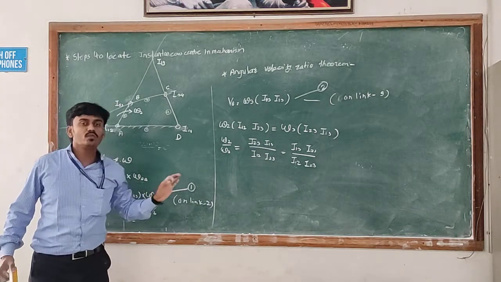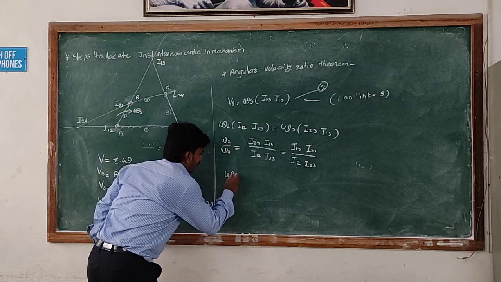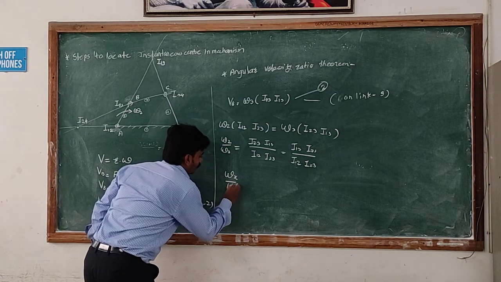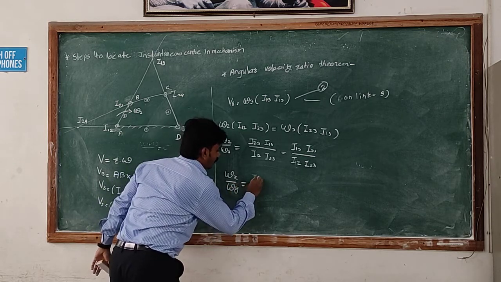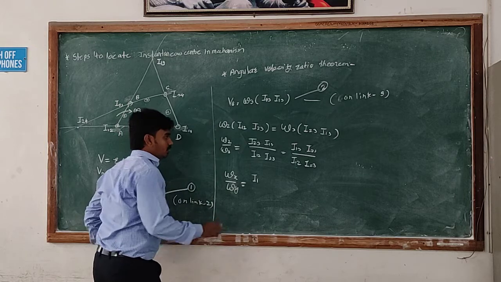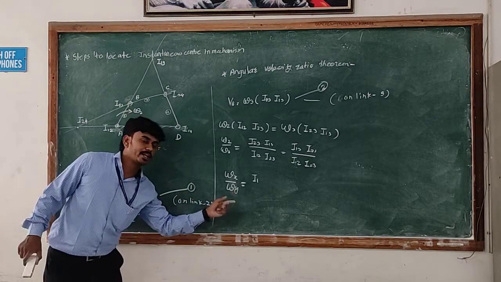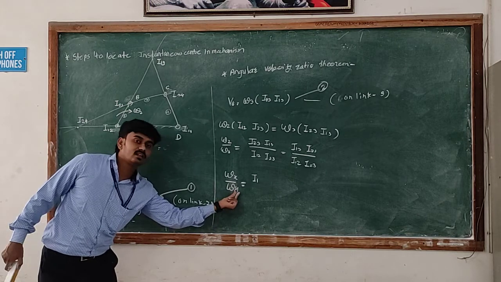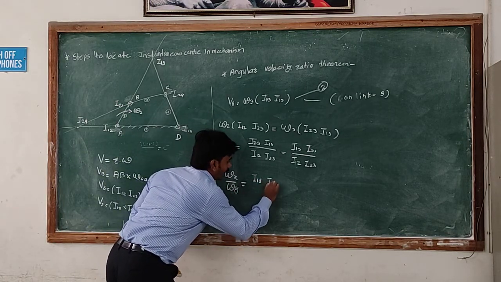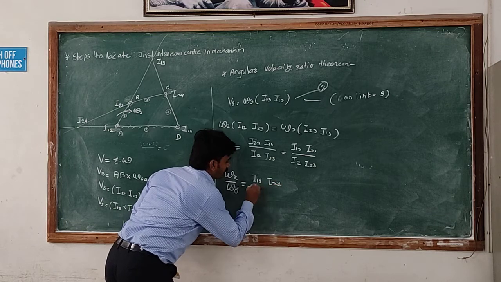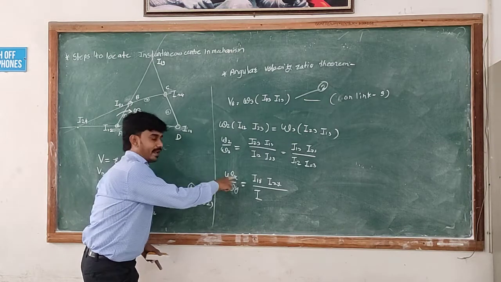If we want to write it in a general form, then omega x upon omega y is equal to I1y into Ixy divided by I1x into Ixy. Here I1 is always common; in the denominator there is link y, and in the numerator there is link x.